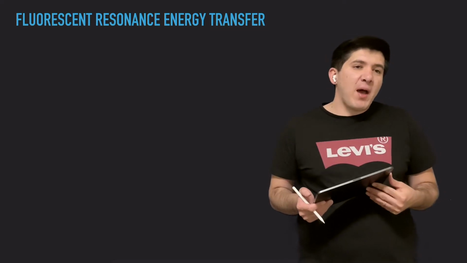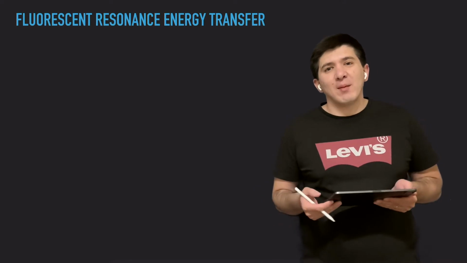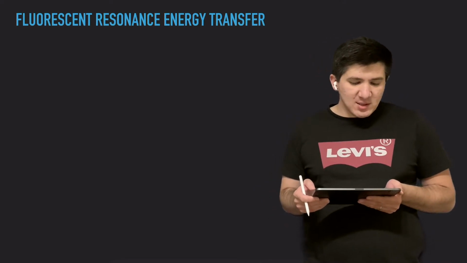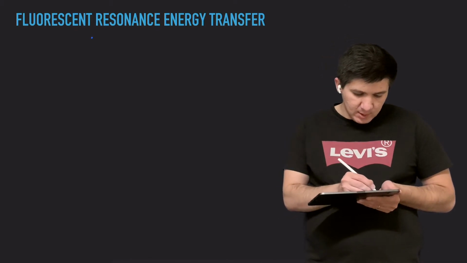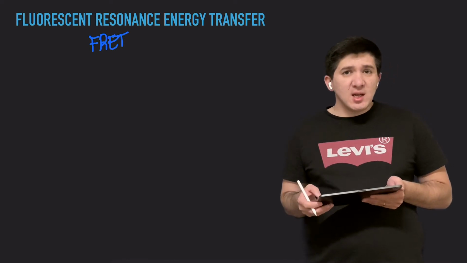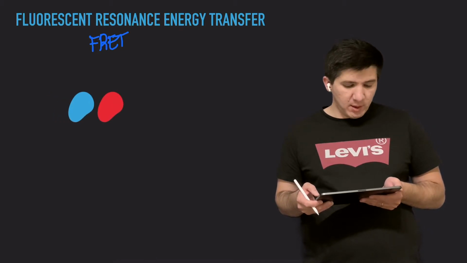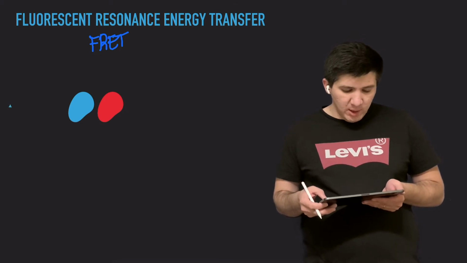So there are a couple of applications of the fluorescence, and one of the fascinating applications would be something called fluorescence resonance energy transfer, or we call this FRET. So the essential idea is like this. Let's assume that I've got 2 fluorophores, and I'm going to try to excite the first fluorophore.